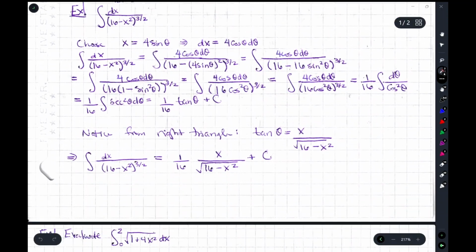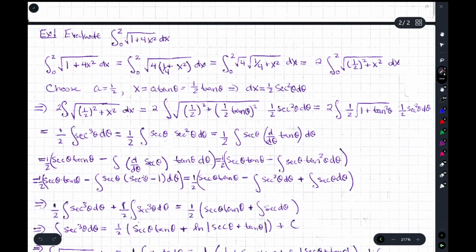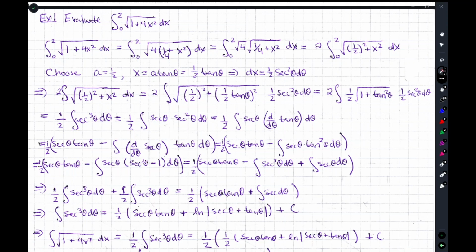You could always massage these integrands and rewrite them in a way that's amenable to the expressions above. And so we could factor out a 4, and we'll get 1/4 plus x squared. We then choose a equal to 1/2. Okay, so a equals 1/2. We'll take out that root 4, which is just 2, and there it shows up there.